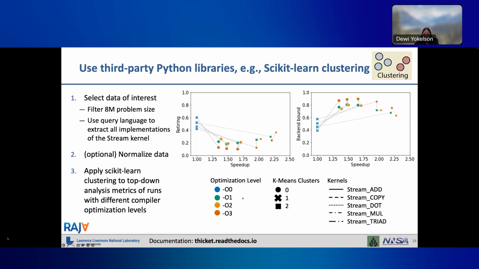And then we have group 2, which also had some of these. That's both for retiring and backend bound. You can see that cluster 1 has all the O0 optimization levels. We just show retiring and backend bound because the other values for the Intel top-down analysis were pretty negligible. So in this case, these were more interesting to look at because these were the significant bottlenecks.